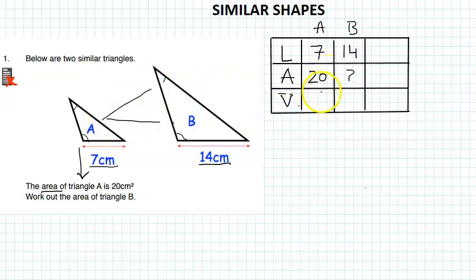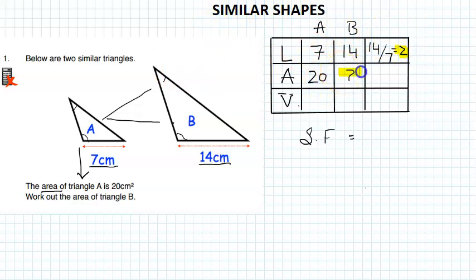So we have to find the scaling factor, and that is the most important thing. You can find the scaling factor by dividing 7 by 14 or 14 by 7. I generally find it easier to divide the larger quantity by the smaller quantity so that you get a scaling factor of 2. So here the scaling factor is 2.